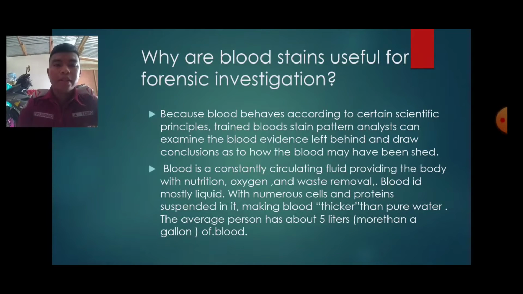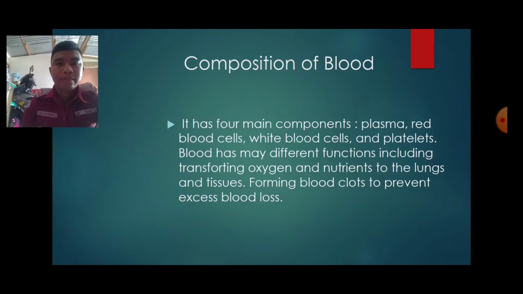The average person has about 5 liters, a bit more than a gallon, of blood. And it is the composition of blood. It has four main components: plasma, red blood cells, white blood cells, and platelets.